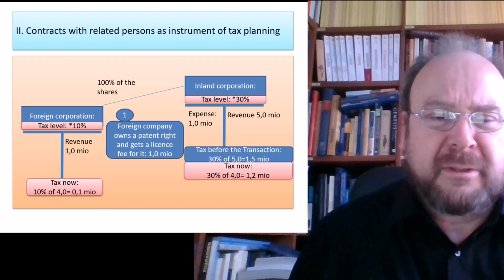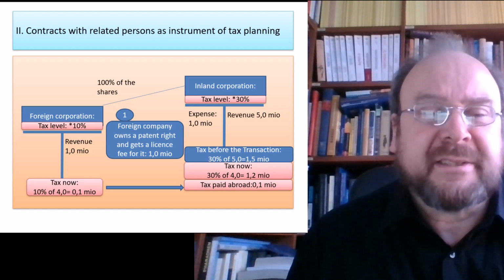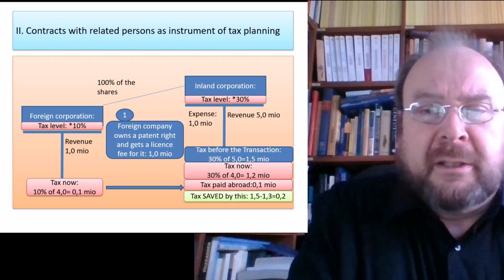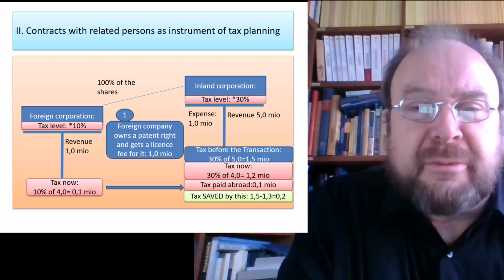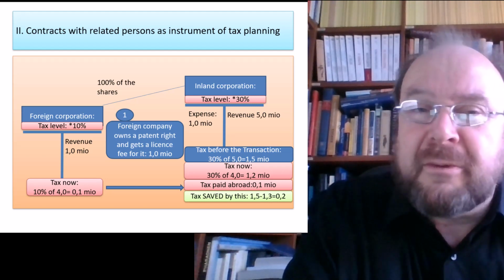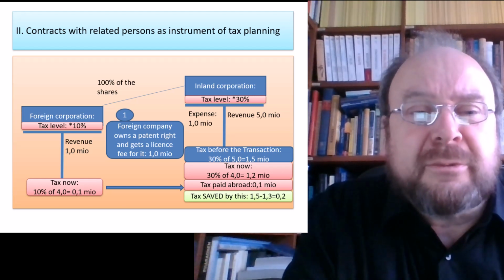So if you compare that now and add it together, the total tax in the group is now 1.3 million. If you compare the previous situation with the present situation, then you find out that by that restructuring or reorganization of your internal activities within the group, you saved 200,000.